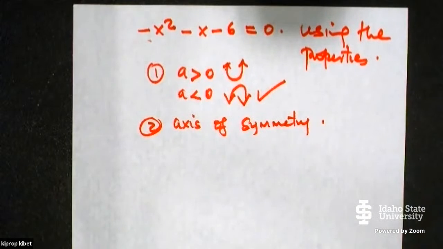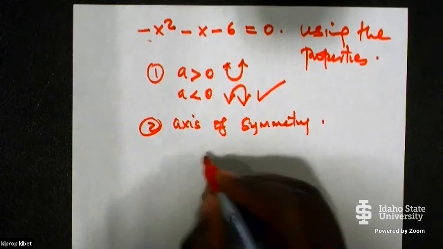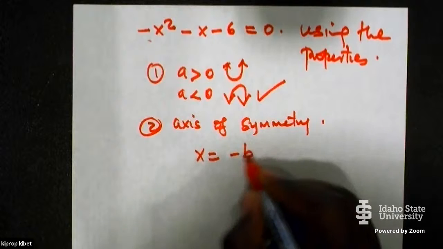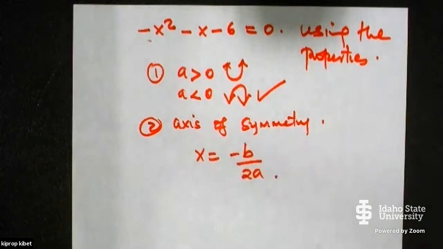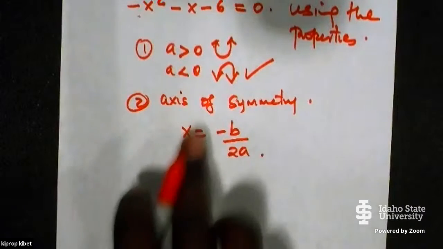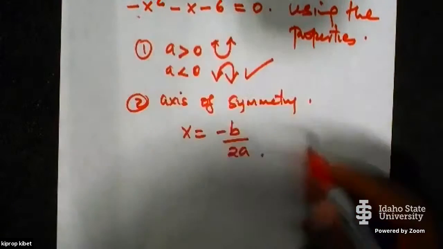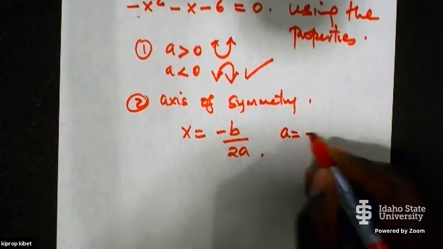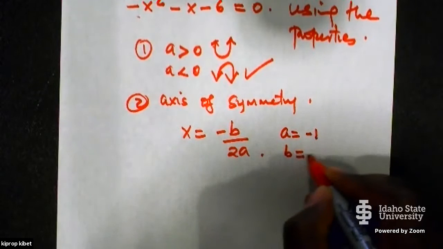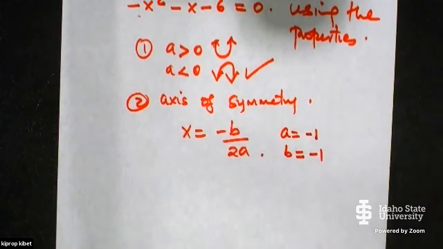The next question will be the axis of symmetry. What is the formula for getting the axis of symmetry? It is x equals to minus b all over 2a, right? Our a equals to minus 1, and our b equals to minus 1 as well.